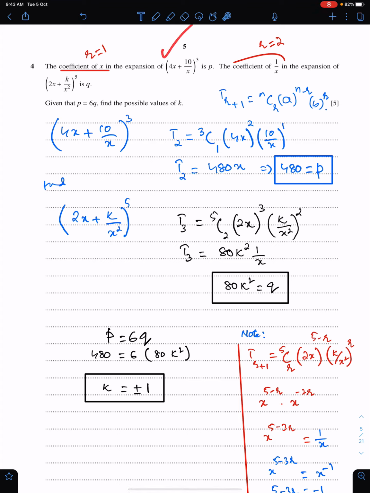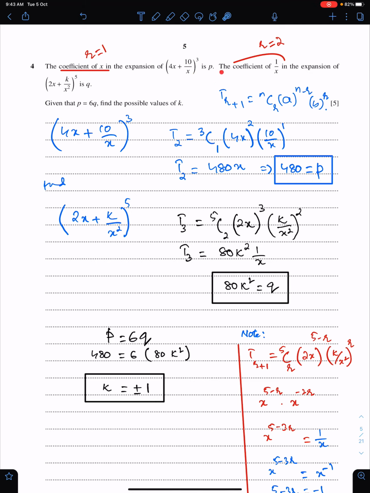Number 1, we can expand this and get the coefficient of x. Number 2, we can use this formula and get the value of r, which is 1. So you can use any method. So this 480 is p, because it says the coefficient of x in this expansion is p. So p is 480.